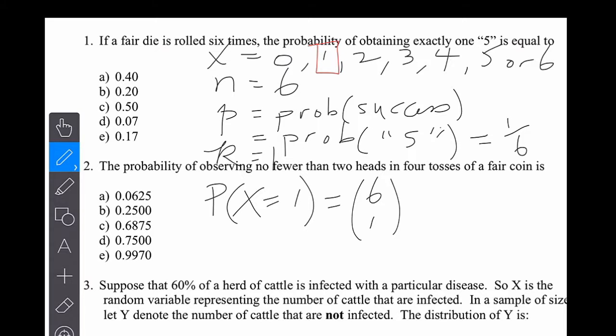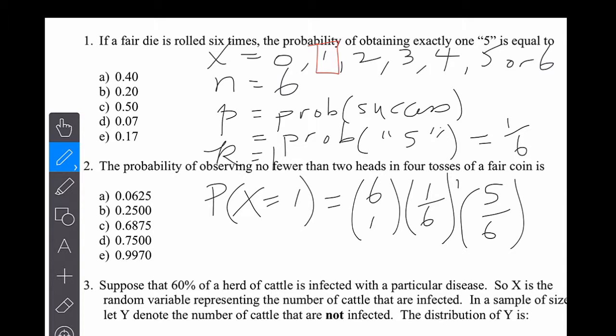This is the number of ways of seeing 1 success out of 6, and then I multiply that by the probability of a success to the number of successes, in this case just 1, and then by the probability of a failure to the number of failures.